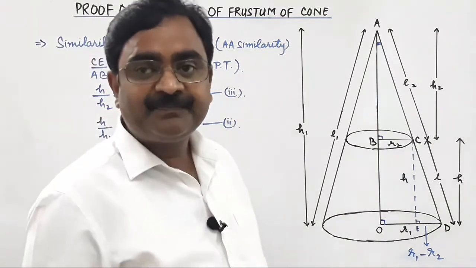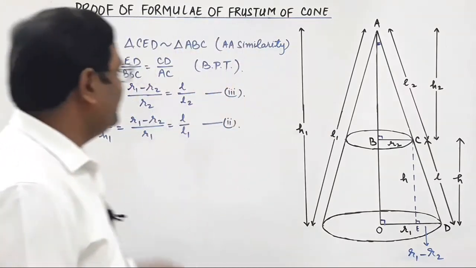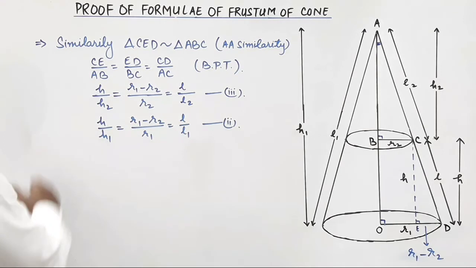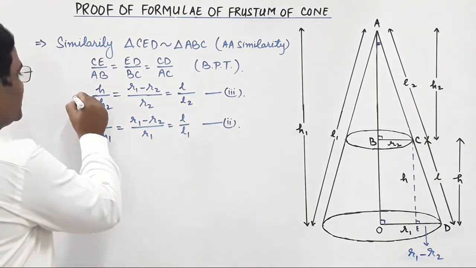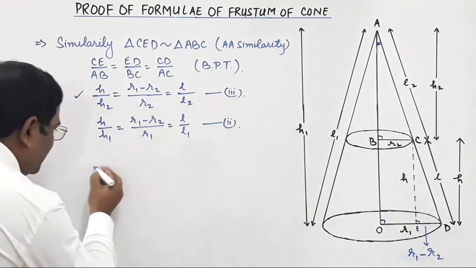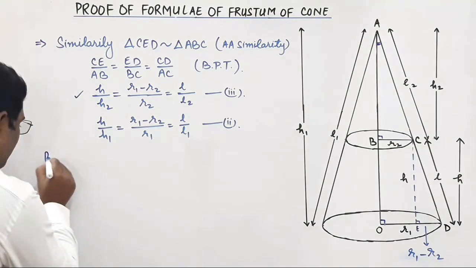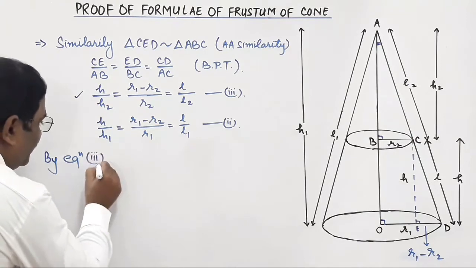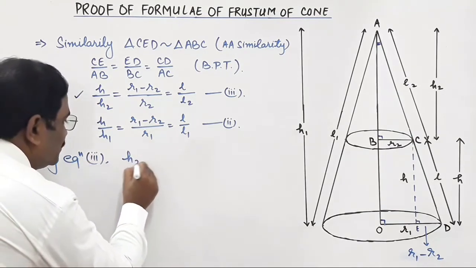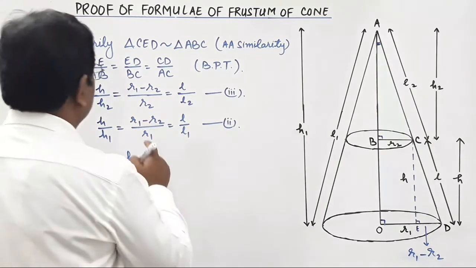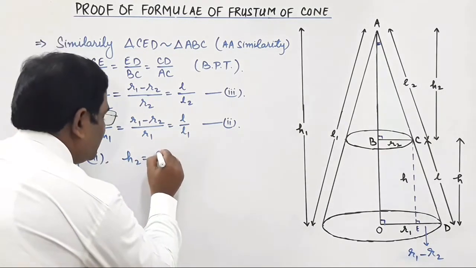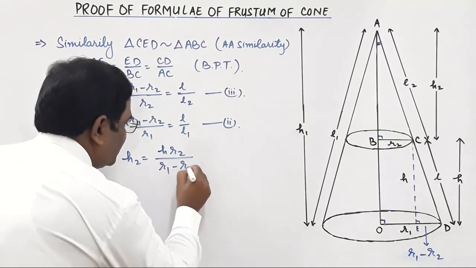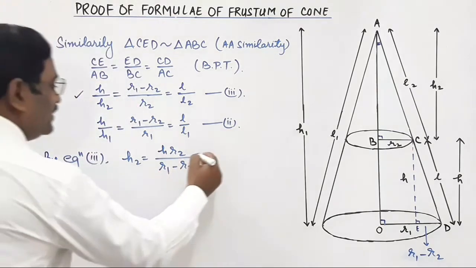Understood friends? So if you take the third equation, you can write by equation third, we will get H2 is equal to H R2 upon R1 minus R2, right?